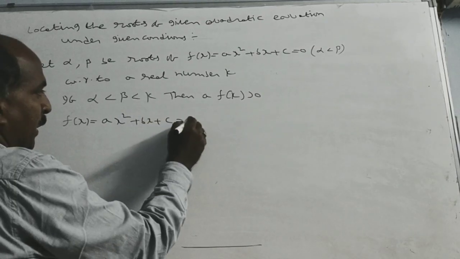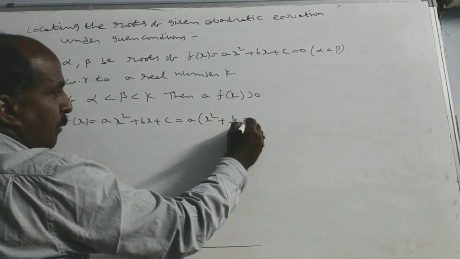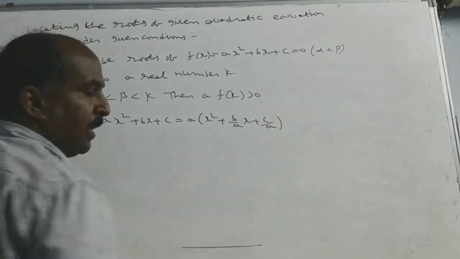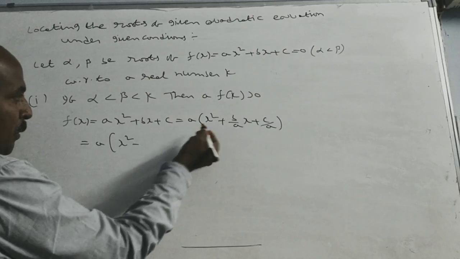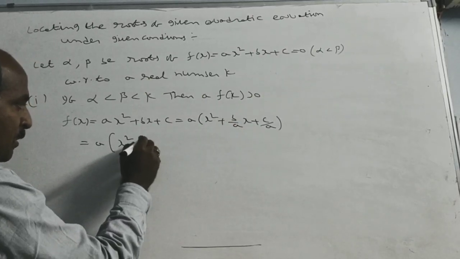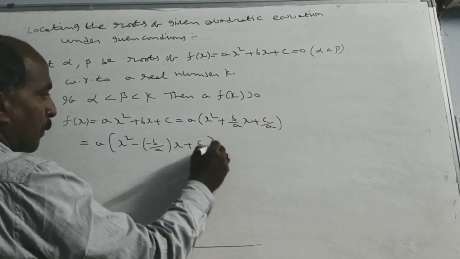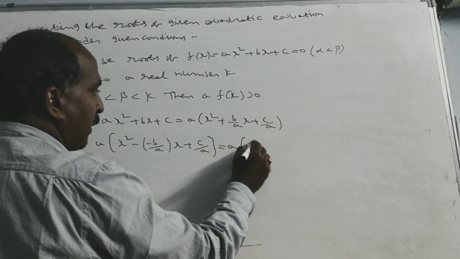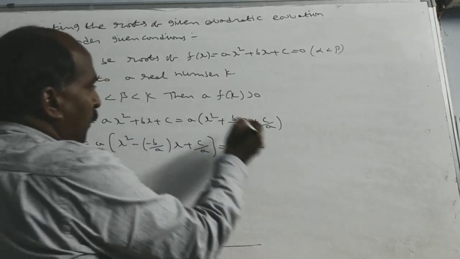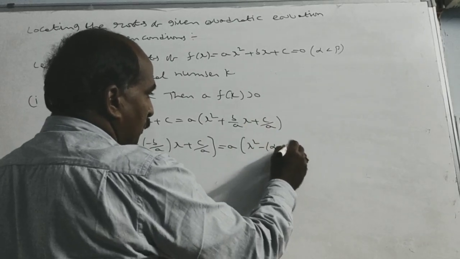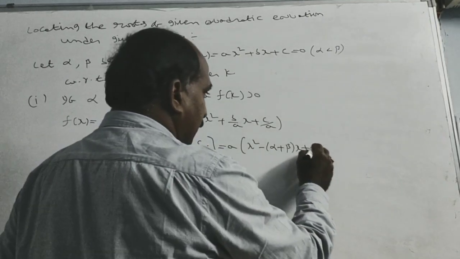Taking a as common, we get a into x square plus b by a into x plus c by a, equal to a into x square minus, we know that minus b by a is the sum of roots, that is alpha plus beta, into x plus c by a, which is the product of roots, that is alpha beta.